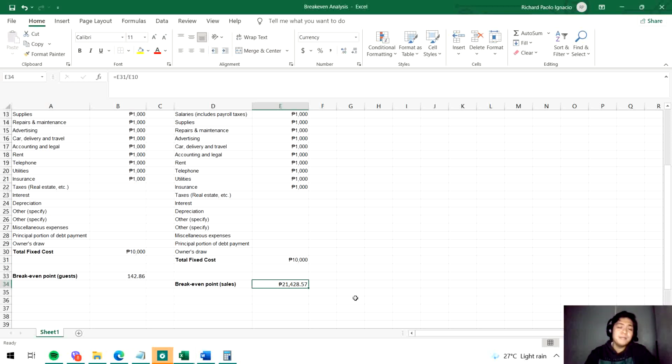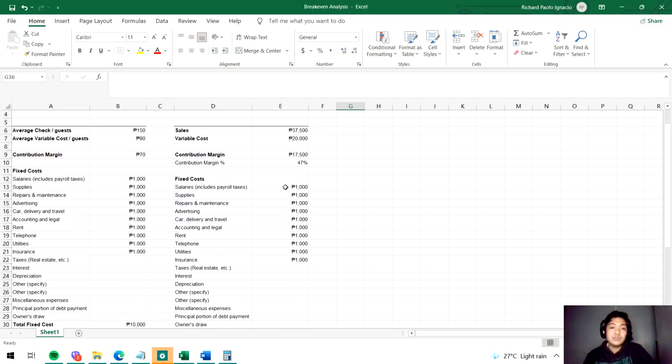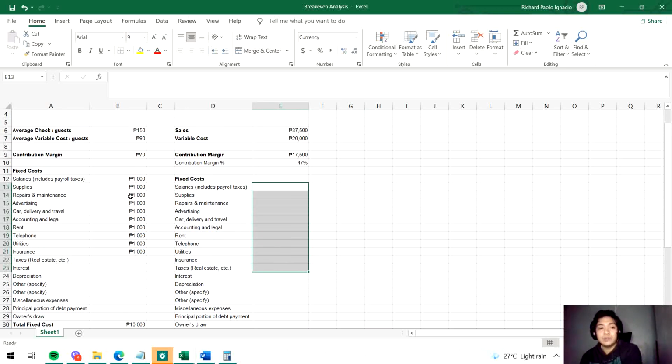And this is very important kasi kailangan natin ma-identify kung gaano karami ang kailangan nating i-accumulate na sales para lang malaman natin kung tayo ay kikita ba talaga sa business natin or hindi. And again, tulad nga ng sabi ko, this is all according to you as the business owners.